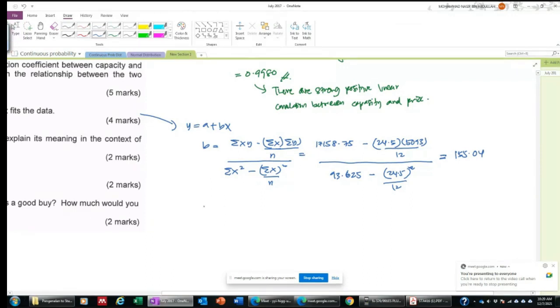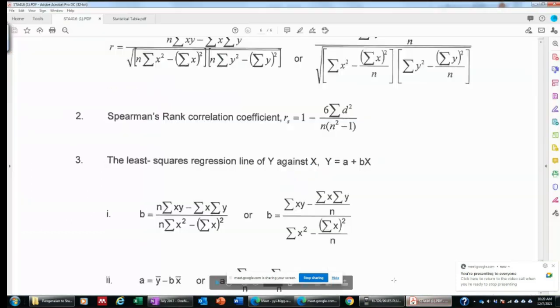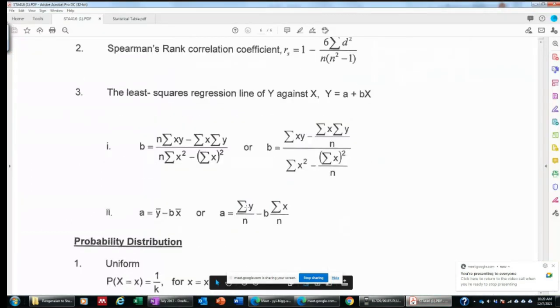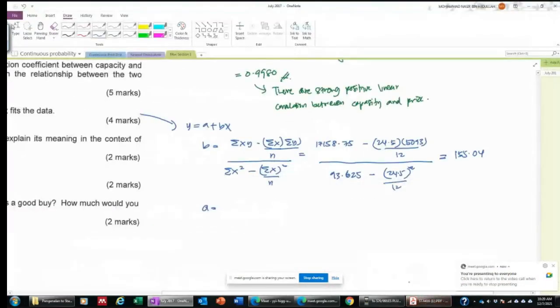So now we need to find the value of A. Look at the formula for A: Y bar minus B X bar.